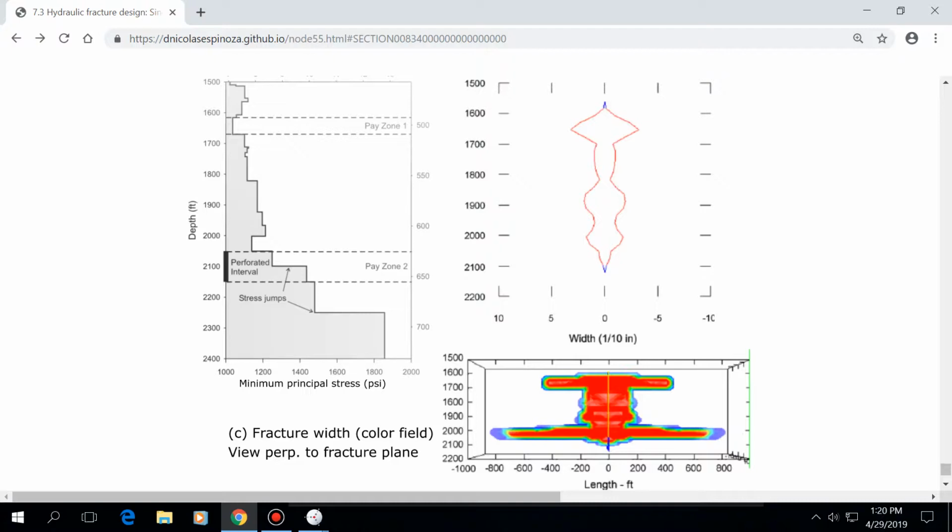And you put all of these things together, and you get the hydraulic fracturing simulator. So again, here you have the width in the center of the fracture. And here you can see the length of the fracture as a function of depth, and in color the width, where red is wider, and here there is no width, and this is smaller.